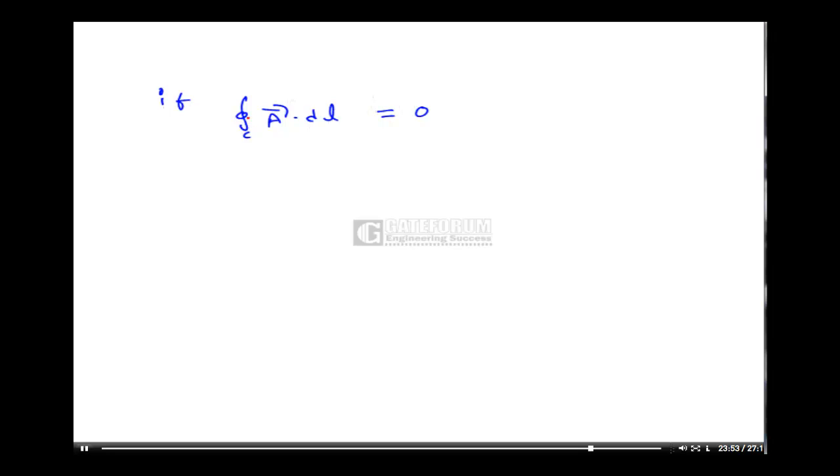That is, for a conservative field, the integral over C of A bar dot dl is equal to 0.